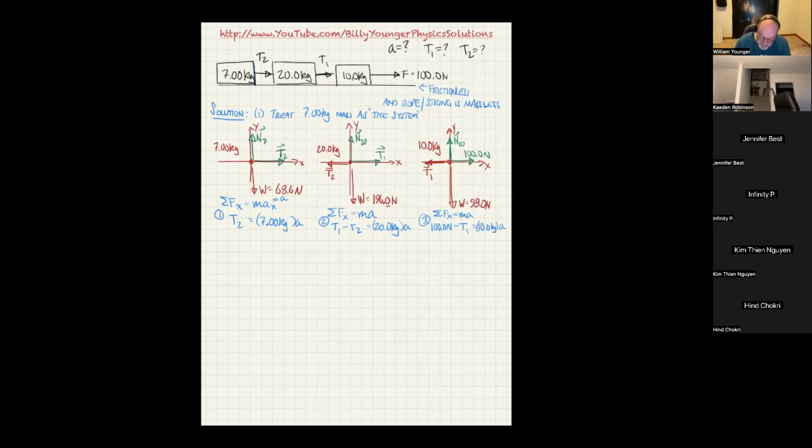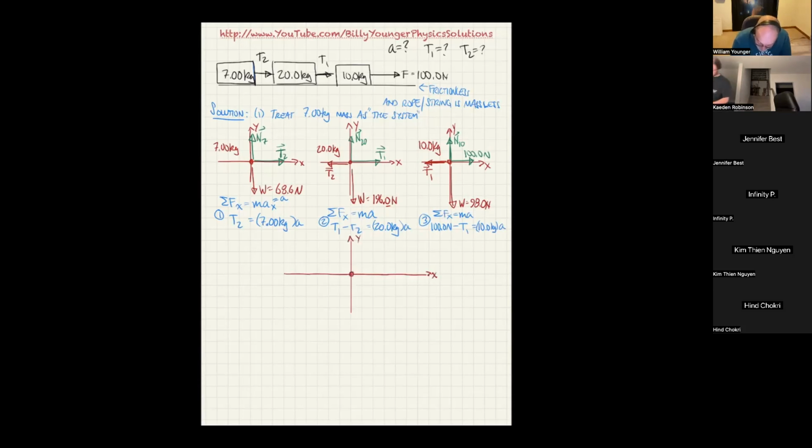So that's part of what I wanted you to see. And the other part is what you can't solve for as a result of choosing that system. Since I can't include T1 and T2 in there, I clearly will not be able to solve for T2 or T1.